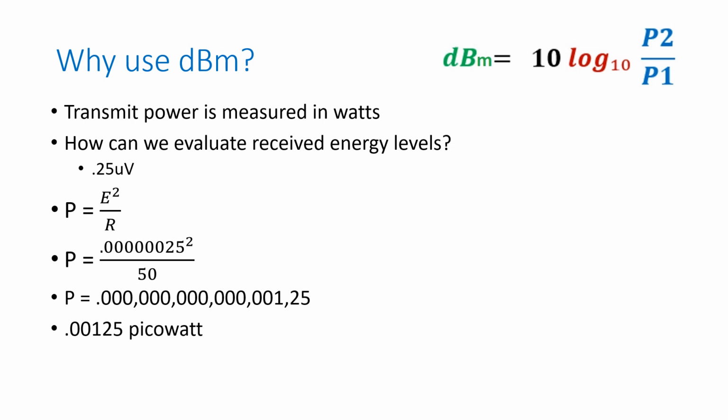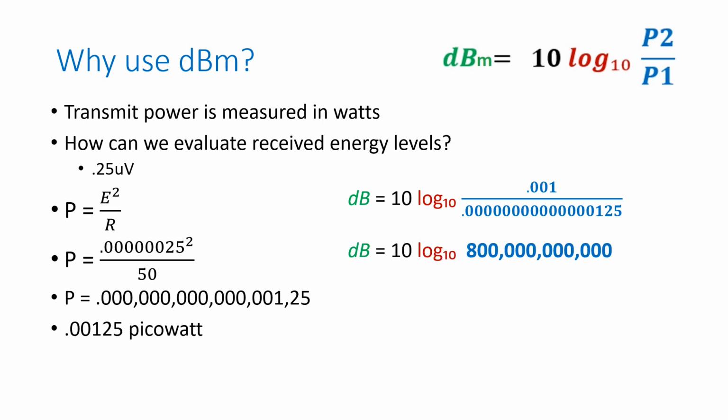Well, let's compare it to a dBm first. So a dBm, that is 0 dBm, would be 0.001. And I want to put my level on the bottom because remember, we always put the biggest number on top. So that's what I do. Then I do the division. Then I take the log and I multiply times 10.